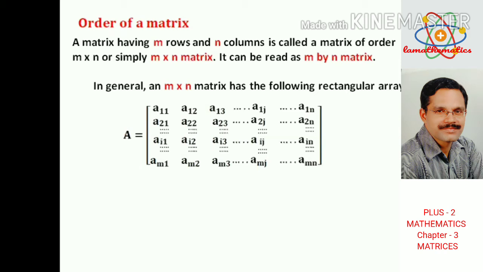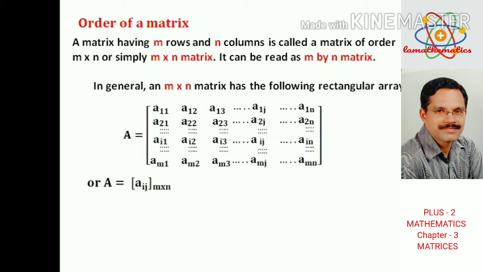Second row: A21, A22, A23, etc., A2j, etc., A2n, etc. Then Ai1, Ai2, Ai3, etc., Aij, etc., Ain, etc. And finally Am1, Am2, Am3, etc., Amj, etc., Amn. അതായത് ക്യാപിറ്റൽ A എന്ന മാട്രിക്സ് m rows and n columns.